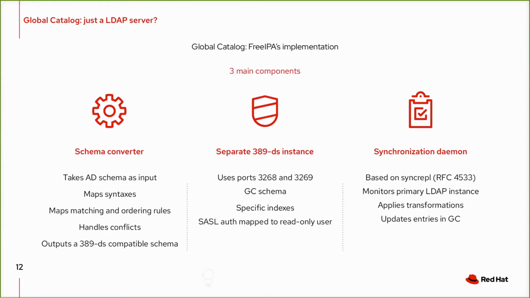In the previous slides, I explained the big differences and the things that are really specific to Active Directory server. And we need to mimic Active Directory server if we want to implement our own global catalog. In order to do that, we relied on three main components. The first one is the schema converter.